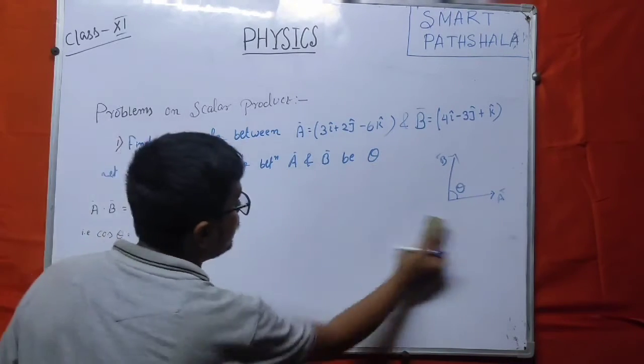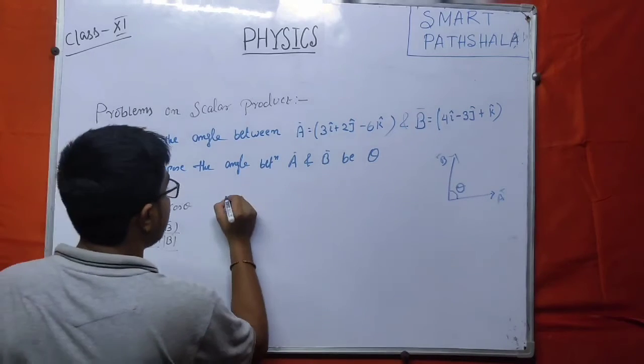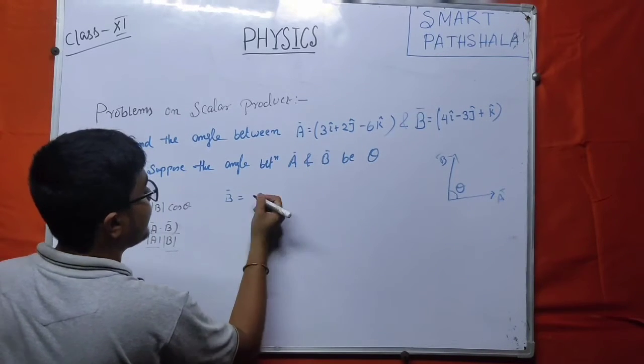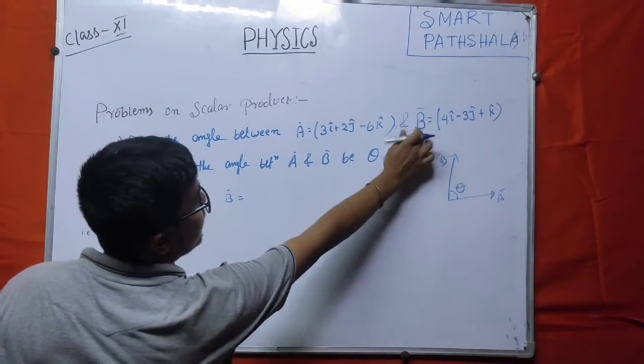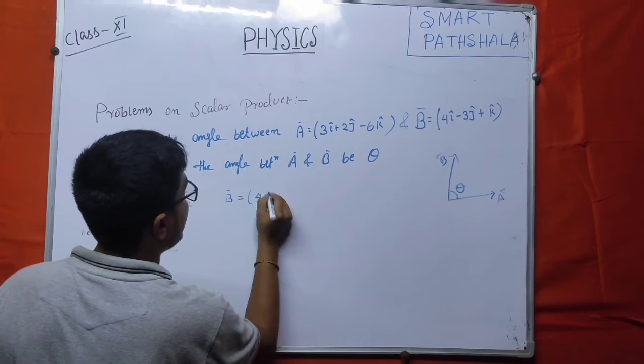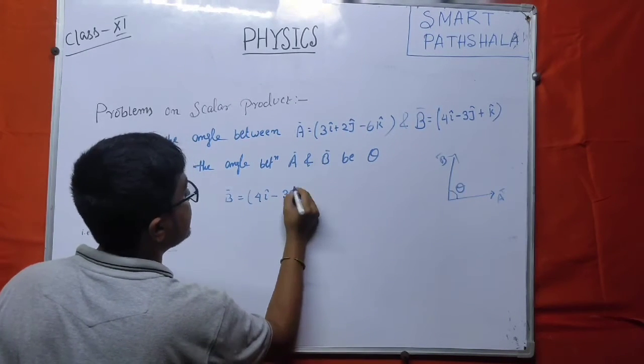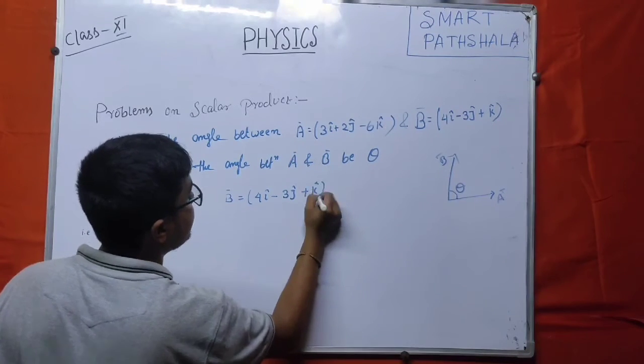Similarly, we will find the magnitude of B vector. B vector is given as 4i cap minus 3j cap plus k cap.